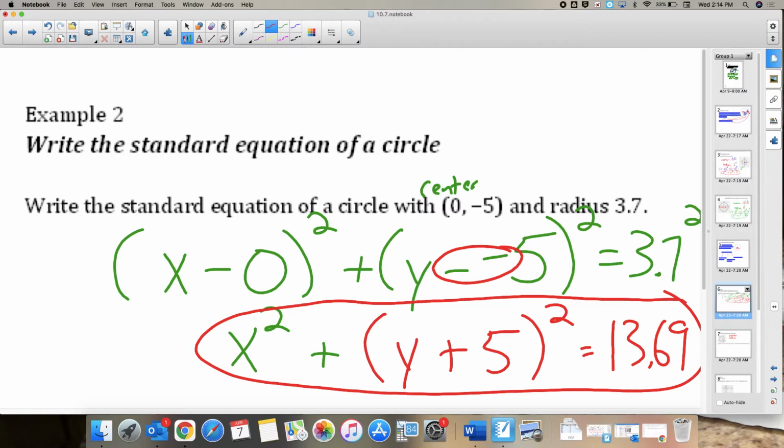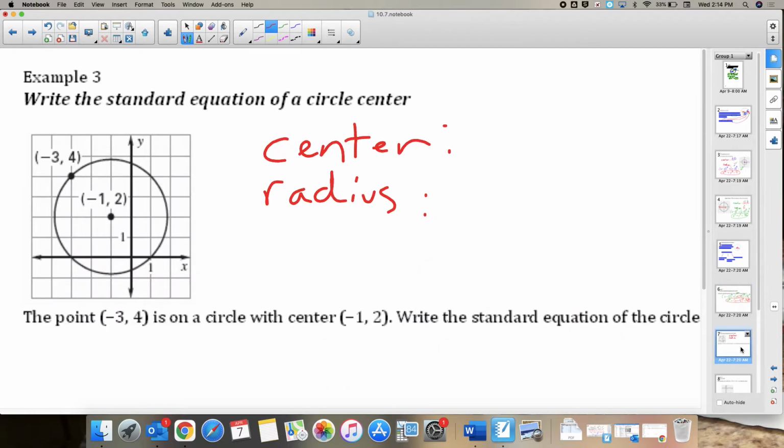Now, they'll also ask us to go the other way. Meaning they may give us the picture and ask us to come up with the equation then. So from this, the two things we always need is the center, which they do give us here, as negative 1, 2. Now the issue is if you look closely here, that radius doesn't make it all the way to that point of 2, 2 there.